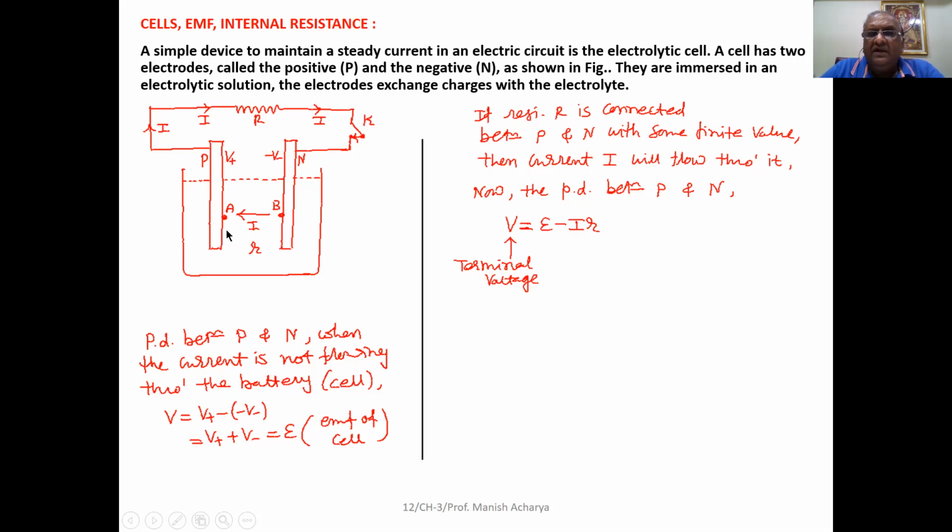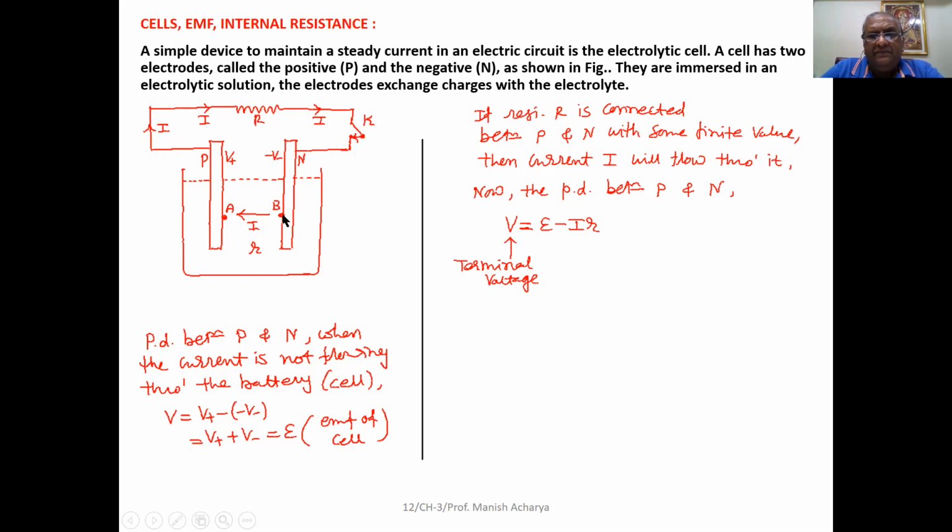Now, the current is constituted due to flow of charges. In the outer circuit, the current is constituted due to flow of electrons. But inside the cell, the current is due to flow of ions.